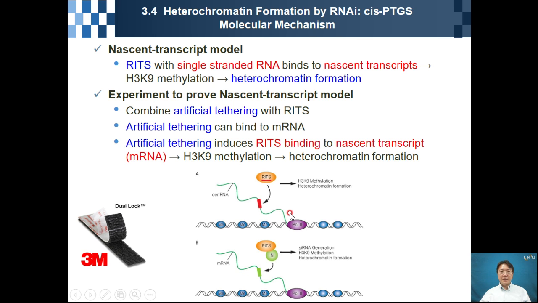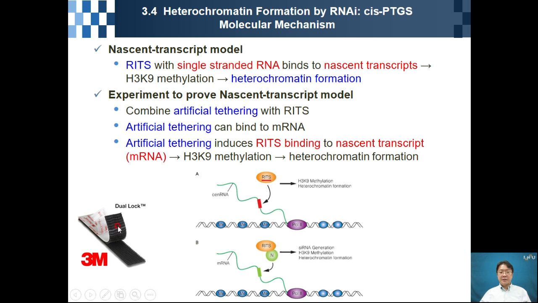People wanted to prove this nascent transcript model, so they designed an experiment like this. This is RITS, but it doesn't have any single-stranded RNA, so they combined artificial tethering with RITS.